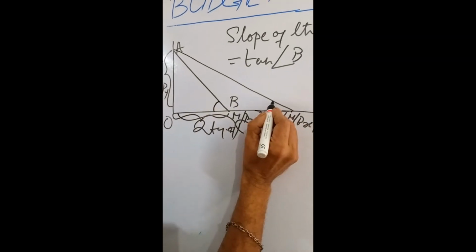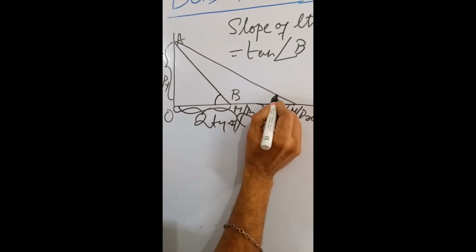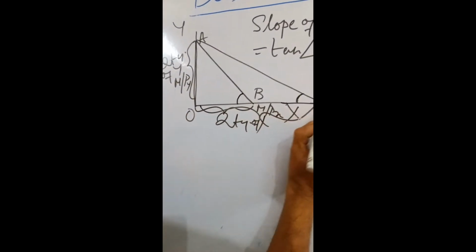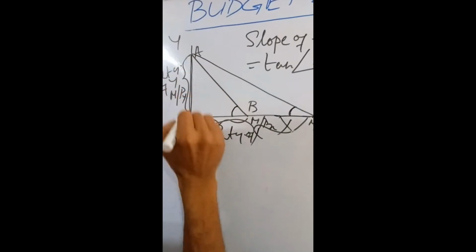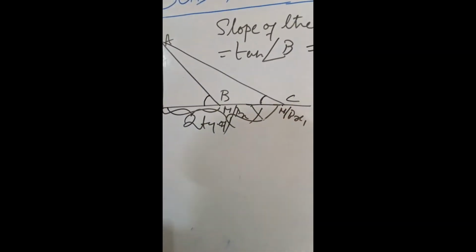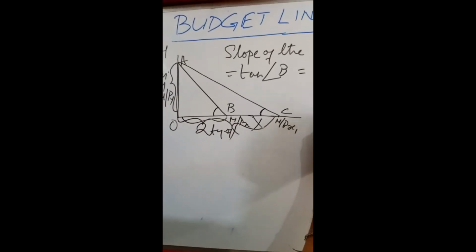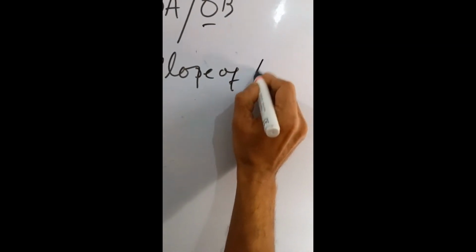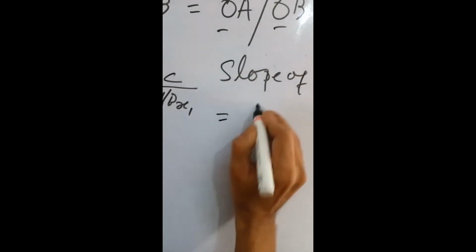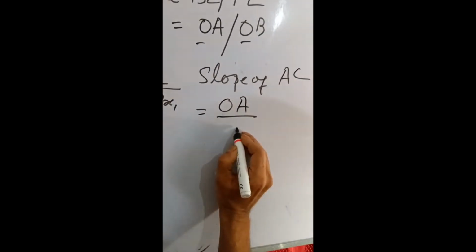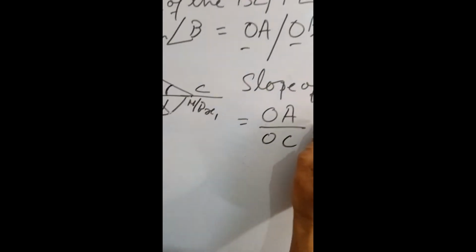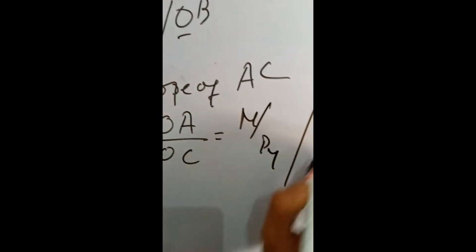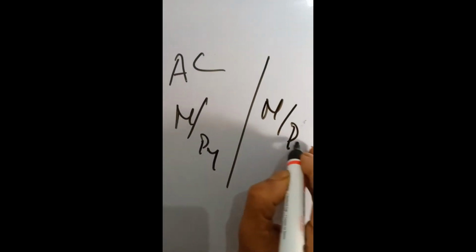Now what is the slope of this budget line? This is again OA by, say this is C, so OA by OC. So slope of AC is equal to OA divided by OC, which is M by Py divided by M by now Px1.